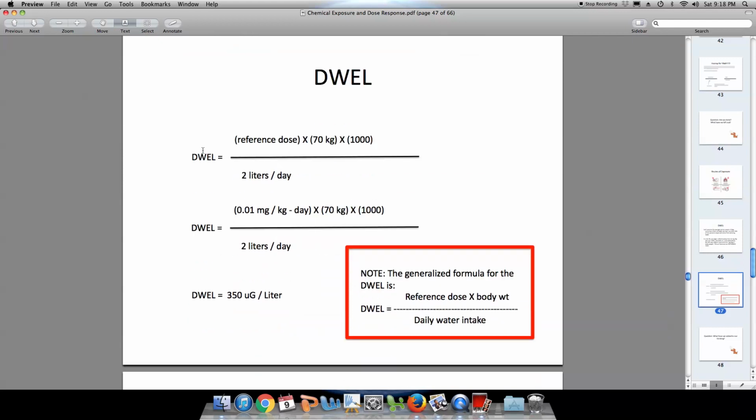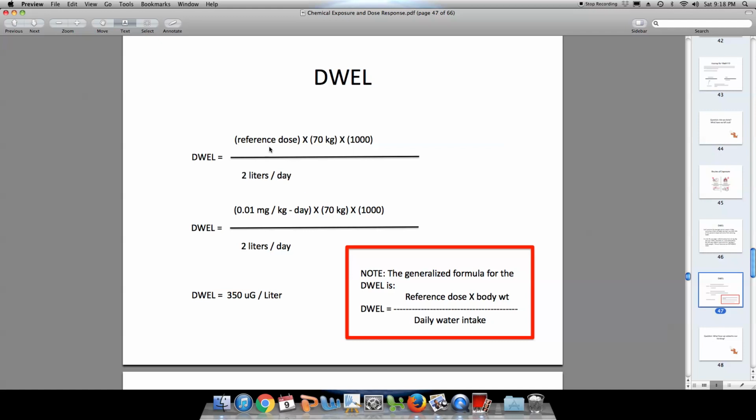So to set a drinking water exposure limit, we take our reference dose, we multiply it by the body weight, and we divide it by the amount of water a person is likely to drink. Now, we can argue or we can discuss whether 70 kilograms is an appropriate body weight, and we can argue whether we drink 2 liters of water a day or what percentage of that might come from cooking.